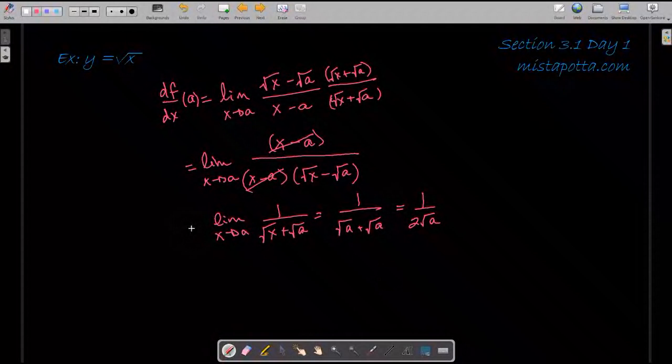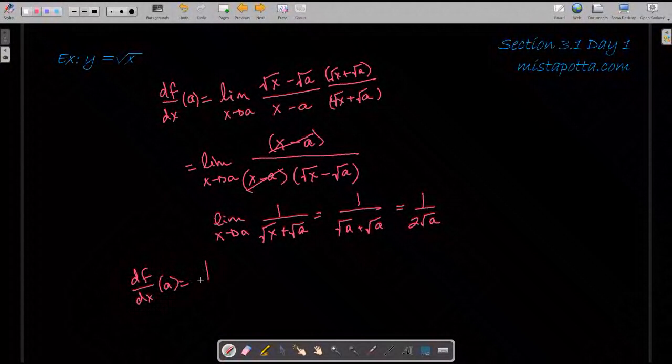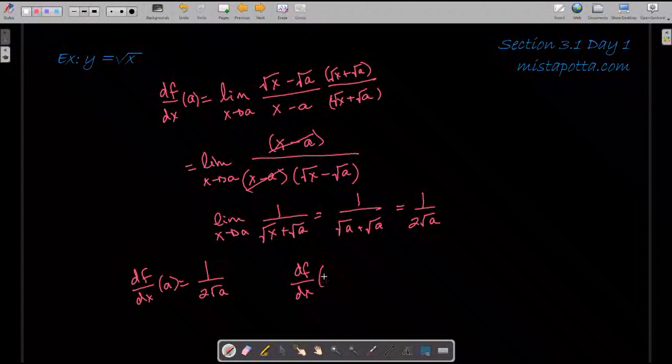And so if this is my derivative at point a, that means that my derivative at a variable x would be 1 over 2 radical x.